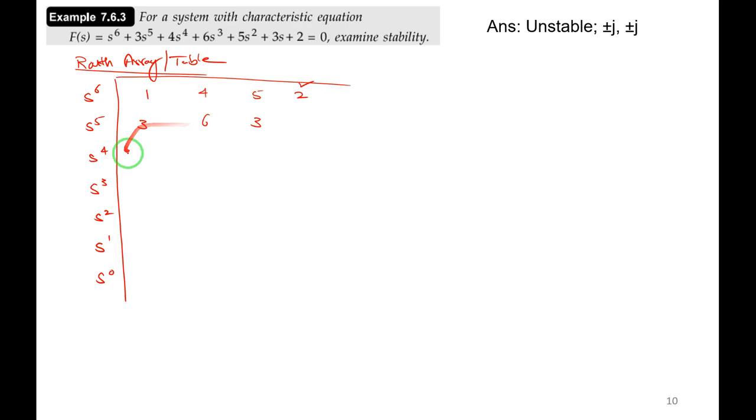Next we'll calculate the next 3 elements, right? 3, 6, 3 over. Next we'll calculate this element. 4 times 3 is 12, 12 minus 6, 6 by 3. So it is 2.